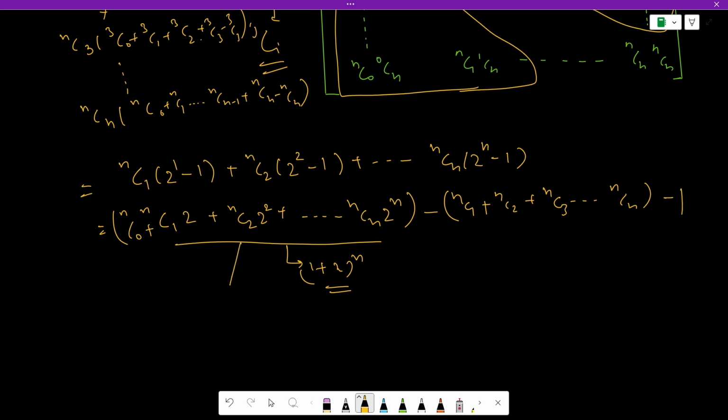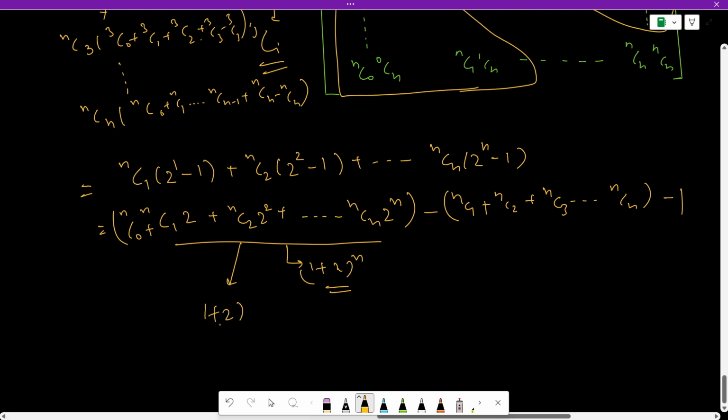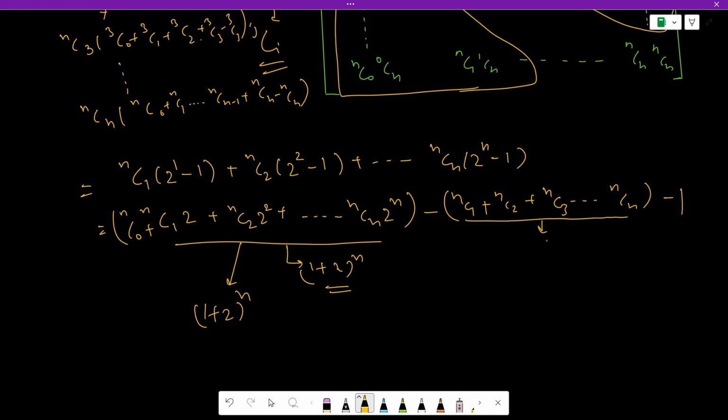So this becomes 1 plus 2 raised to the power n, and this is the normal series summation ci, but the nC0 term is missing, so we can write this one as nC0, and we can just club them together and take this in the bracket.